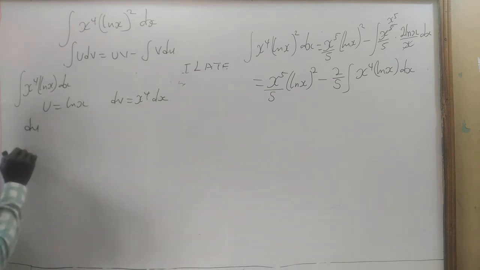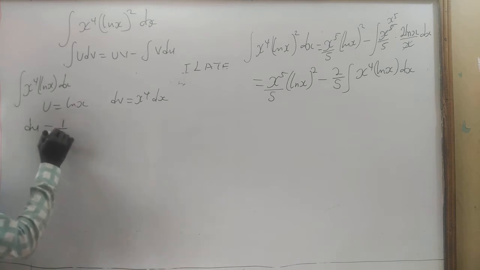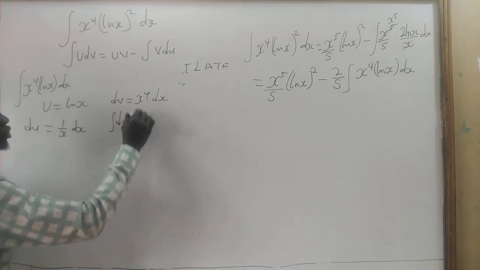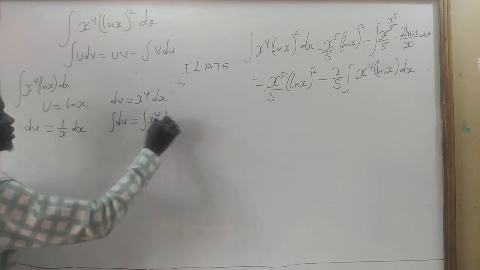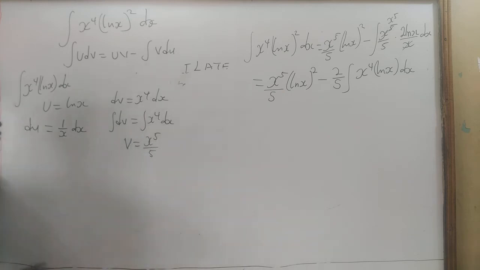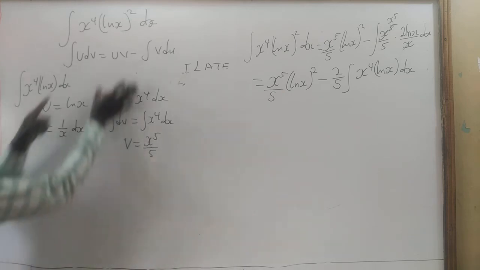Here, the derivative of u is equal to 1 divided by x dx. And here, if we integrate dv, the integral of x to the power 4 dx, we get v equal to x to the power 5 on 5. And I'm going to put this into this.